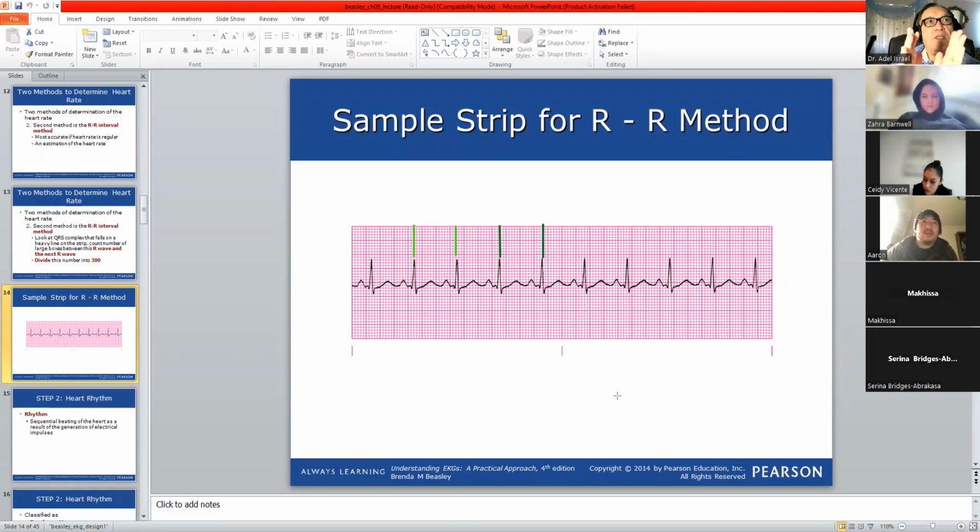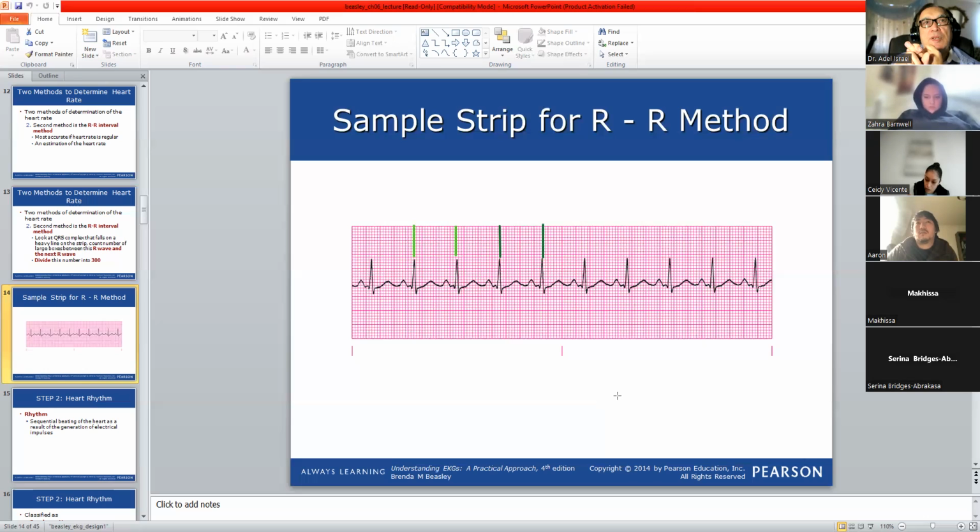So this step helps us calculate the heart rate as the first step. We have 3 ways. Number 1, we count how many QRS are in 6 seconds and then multiply by 10. The second method, we count how many big squares between R and R and divide 300 by this number.